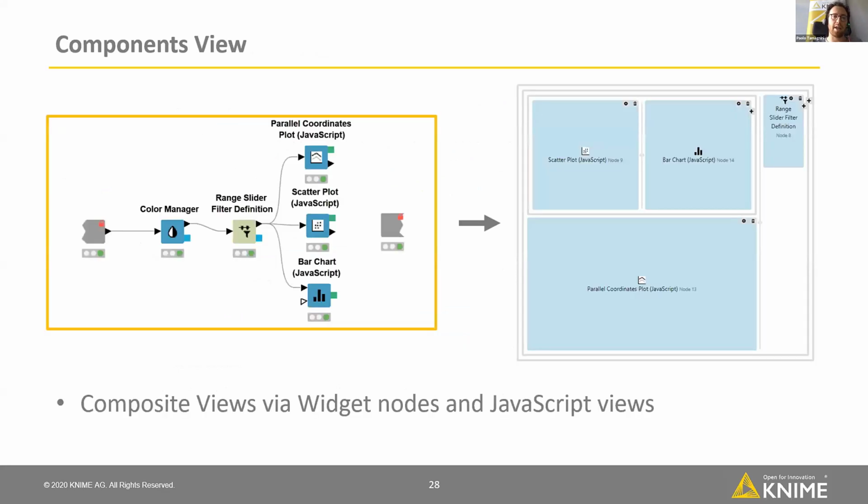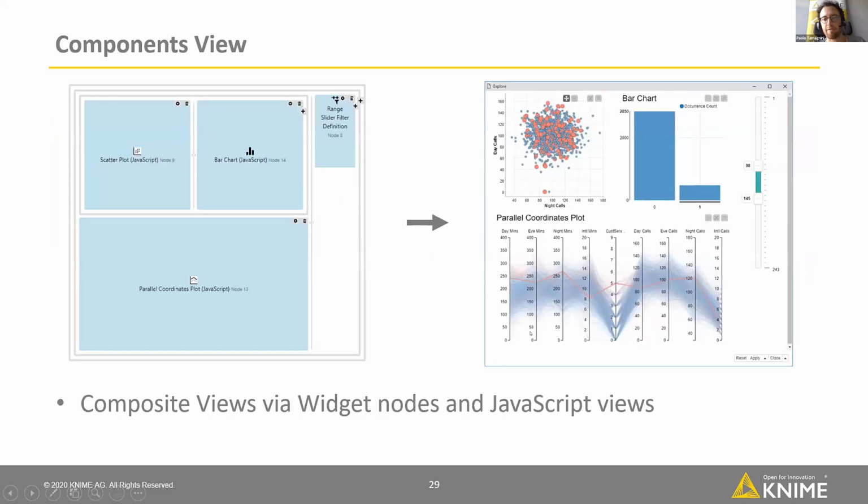So, for example, you can have inside a component a range slider, a parallel coordinates plot, a scatter plot, a bar chart, and when you package all those JavaScript and widget nodes together, you can then have a layout panel to decide how the final dashboard will look. So a scatter plot on the side and a bar chart here, the parallel coordinates plot goes here, and here the range slider. And in the end, the component is creating a view with all those charts next to each other.